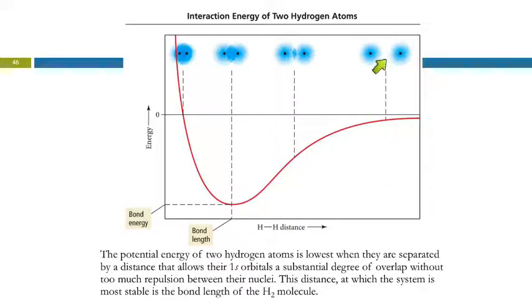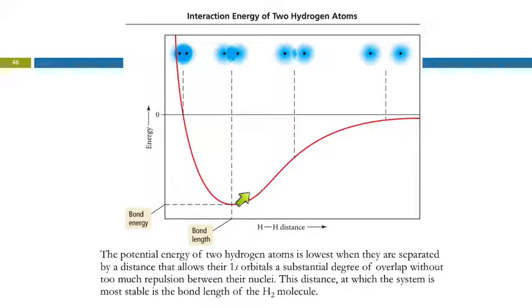Here we have two hydrogen atoms, and on the x-axis we're looking at the distance between the two hydrogen atoms. So here we have them rather far apart, and there's a little bit of attraction, but it's pretty weak. As they get closer together and their orbitals overlap, the attraction increases, the energy decreases.